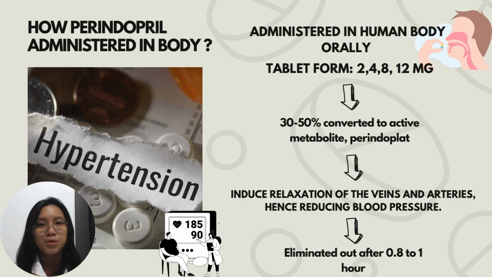Once perindopril is absorbed quickly in the human body, about 30 to 50% is converted to an active metabolite, which is perindoprilat. This active metabolite relaxes the veins and arteries, hence reducing the blood pressure. The perindopril is then eliminated after 0.8 to 1 hour. Thank you.